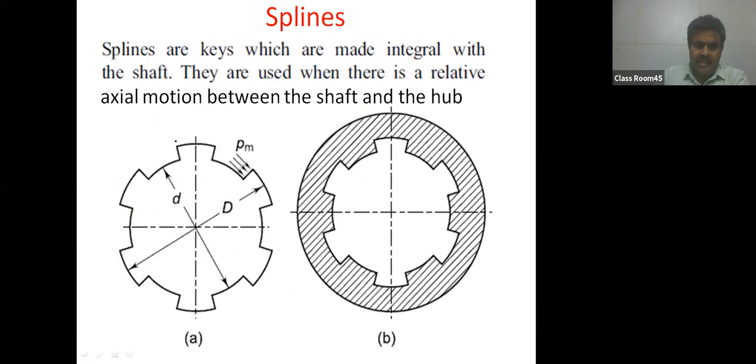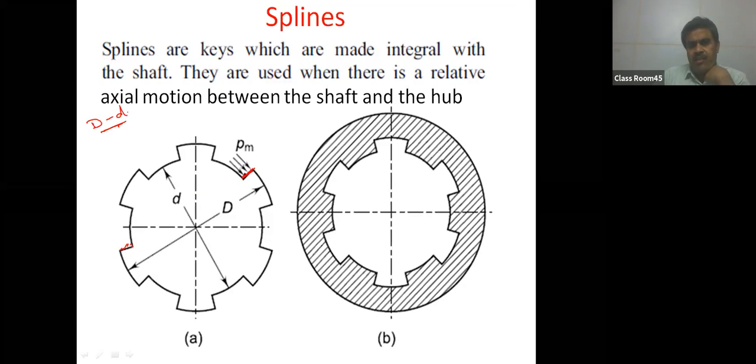So if I subtract capital D minus small d, I will have this area and this area. Okay, ध्यान से देखिएगा. If I subtract capital D minus small d, then I will get this area.